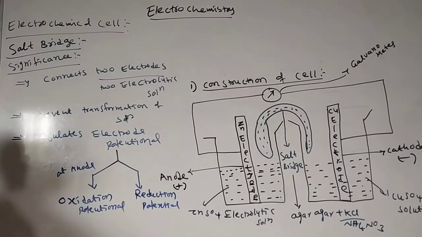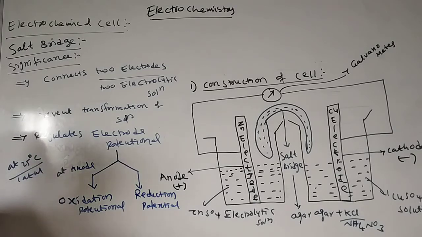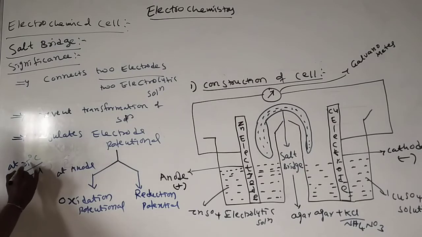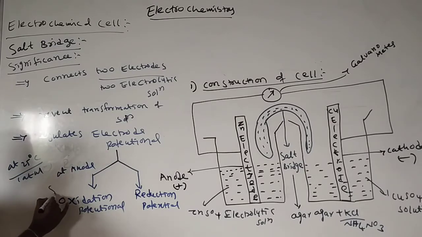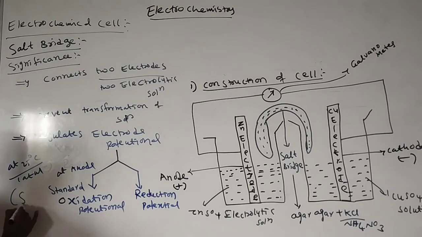Oxidation potential or reduction potential which is observed at 25 degrees centigrade temperature and 1 atmosphere pressure, we call standard oxidation potential, represented as SOP. This is measured in volts.